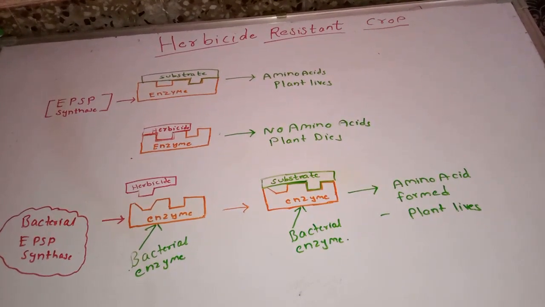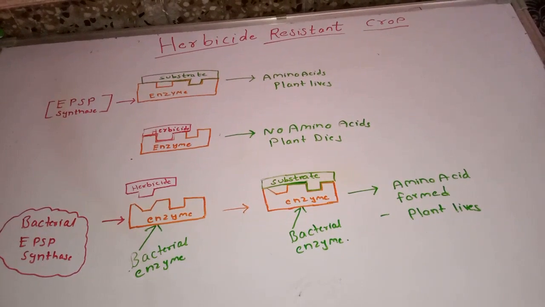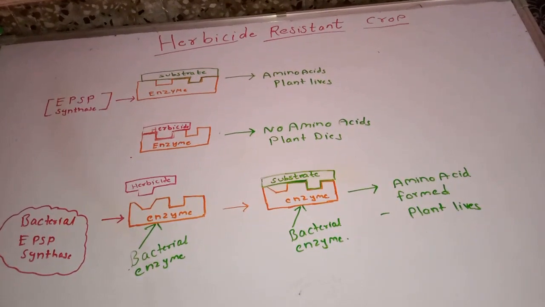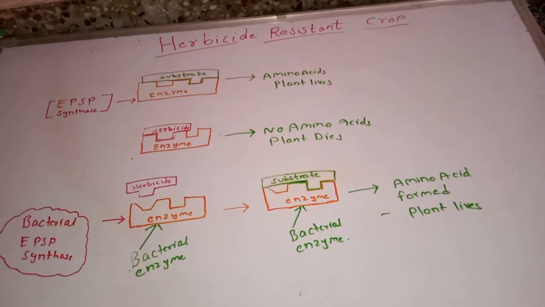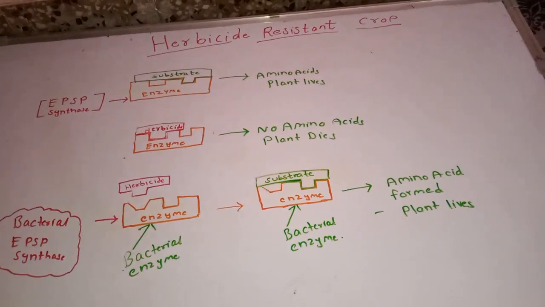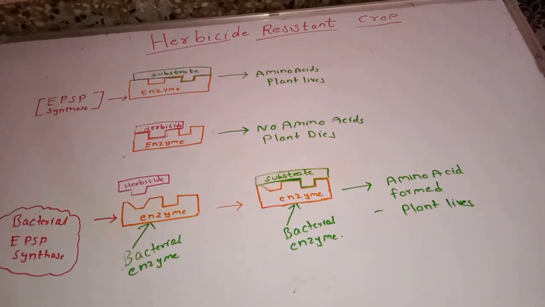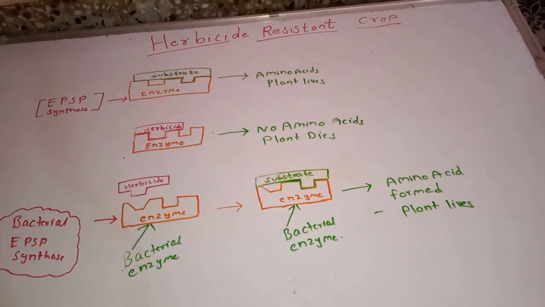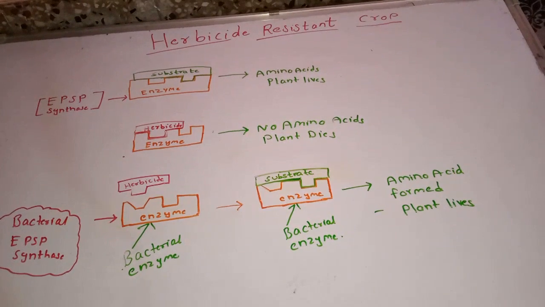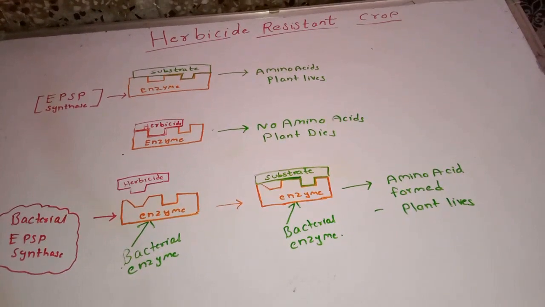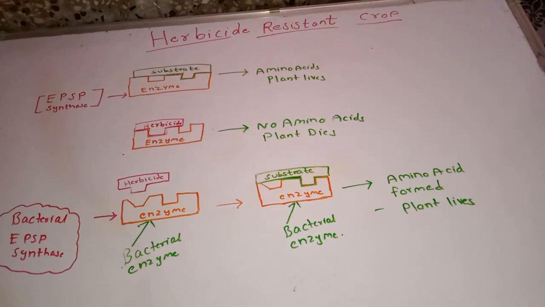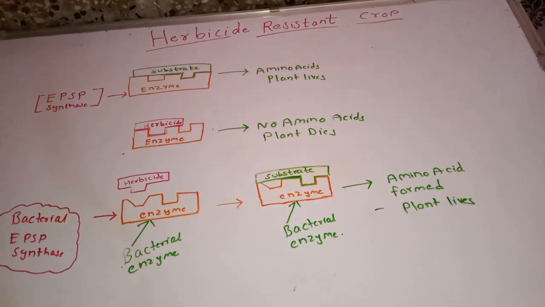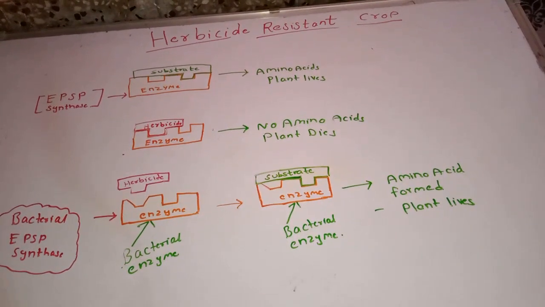First of all, how does herbicide work? A common example that everyone knows is Roundup Ready, a popular herbicide. Chemically it is glyphosate. Let's understand its mode of action.